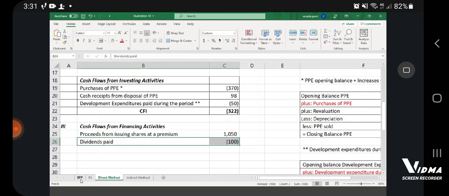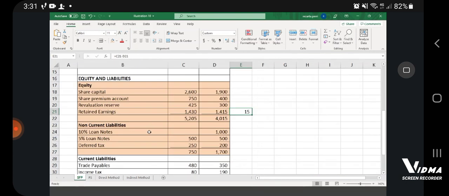Okay? Check also this information. You see the notes right now. We have two kinds of notes, a 10% and 5%. The 5% loans have no change there, so they have not changed. But we have a decrease in the 10% loan notes, and that means that we have paid.